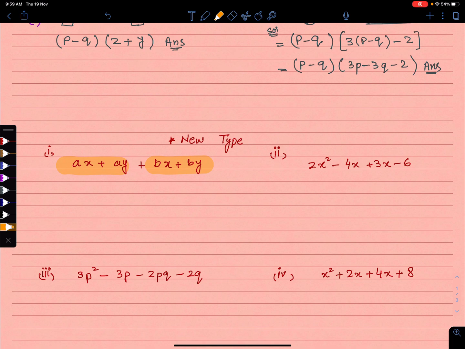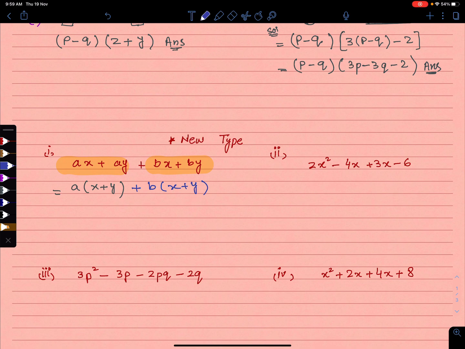If you look at this, in the first two, ax plus ay, we have a common. So I will take a common. The rest of the term would be x plus y. But when you look at the second part, bx plus by, we have b common, and the rest of the term would be x plus y. So this is like a into x plus y plus b into x plus y.